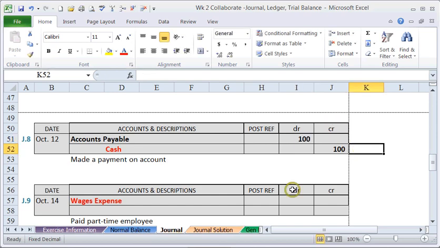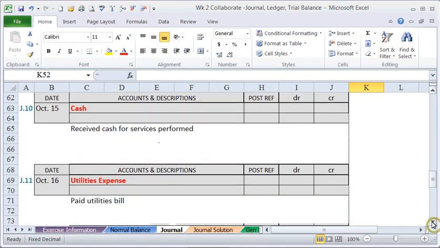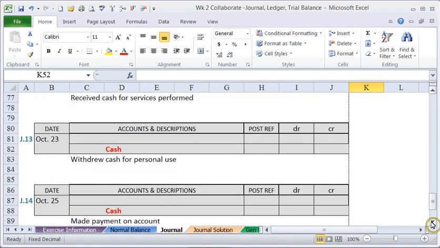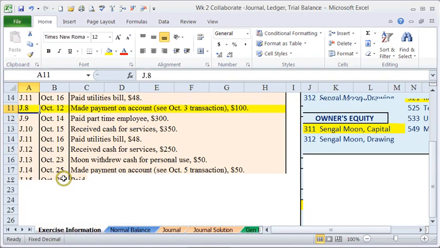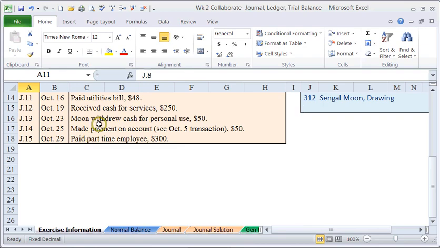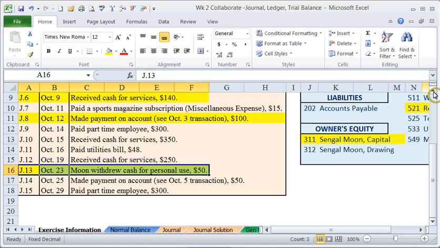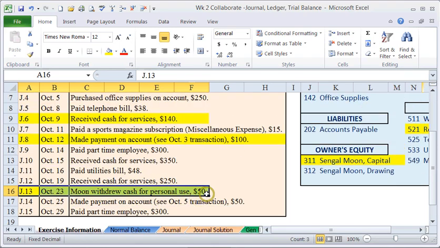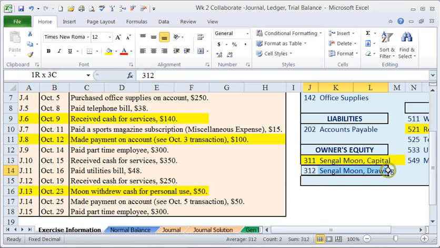And then one more. On October 23rd, he withdrew cash for personal use. So let's go back and see that transaction. He withdrew cash for personal use. Whenever the owner makes a withdrawal for personal use, we record it in the owner drawing account.